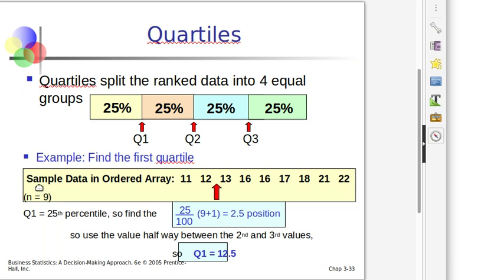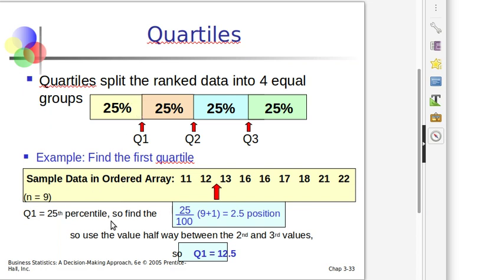We have an example here. Find the first quartile. The sample data in ordered array are 11, 12, 13, 16, 16, 17, 18, 21, and 22. A sample of 9 elements. The first quartile is the 25th percentile.